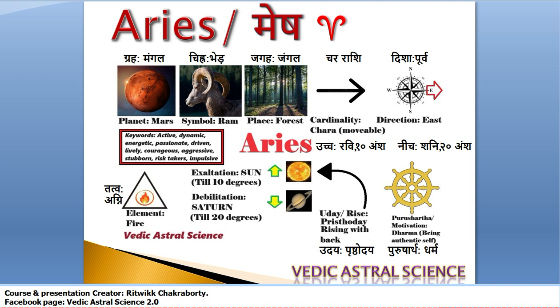Because Aries is governed by fire element, the Purushartha associated with Aries is Dharma, okay, or being their authentic self. So, being the self at all cost is the lifelong Dharma or motto of these natives. They hate compromising or pretending.